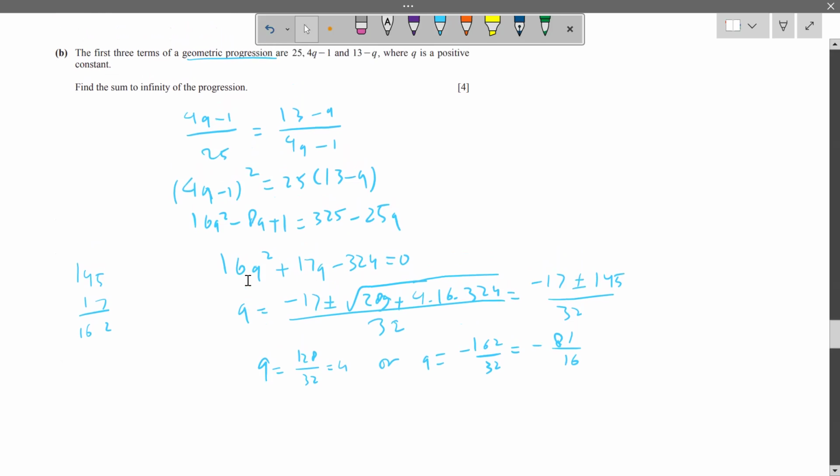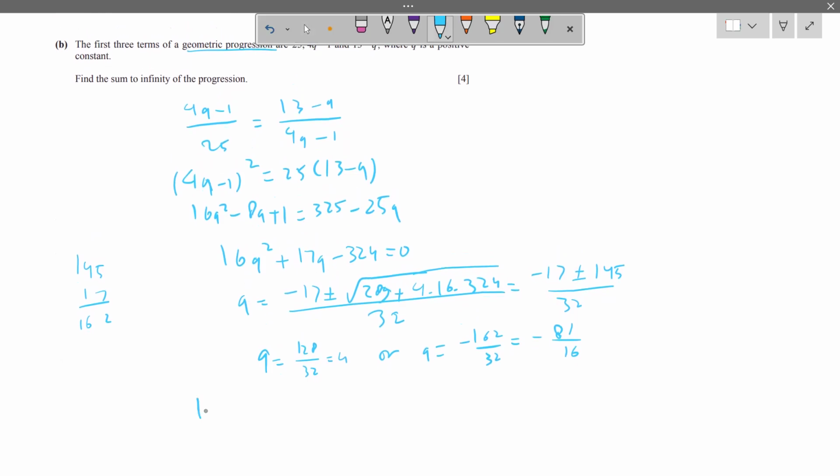So let's take a look at this. If we assume q equals 4, the first term is 25, and the second term here is 4q minus 1, which is 15. And here, the ratio is 15 over 25, which is 3 over 5. What about the other one? The other value is more difficult.